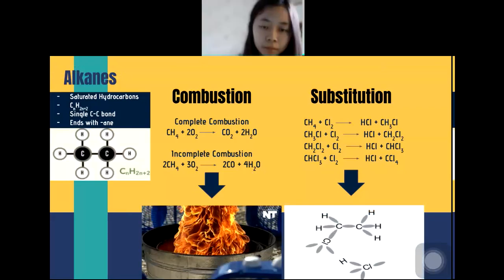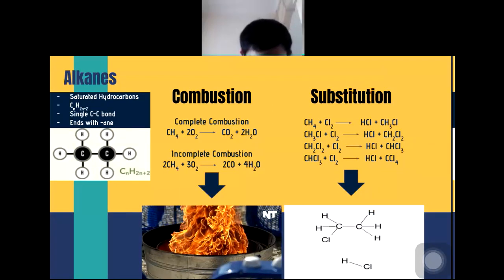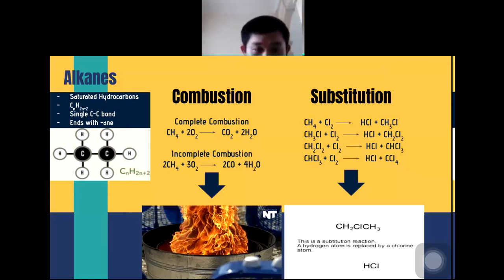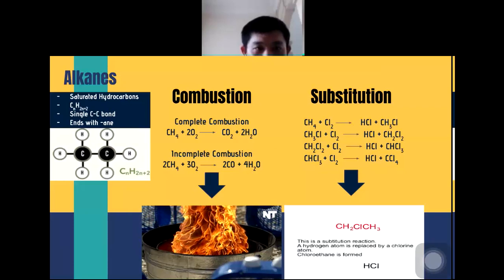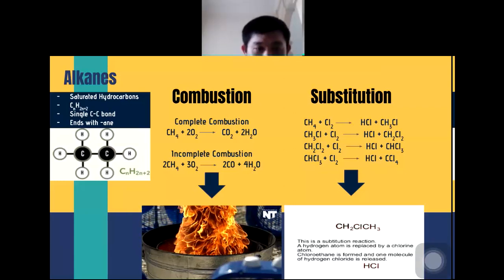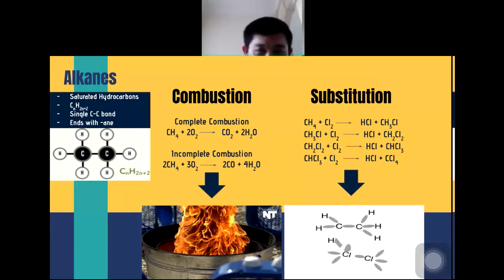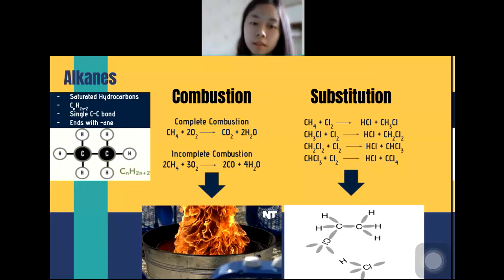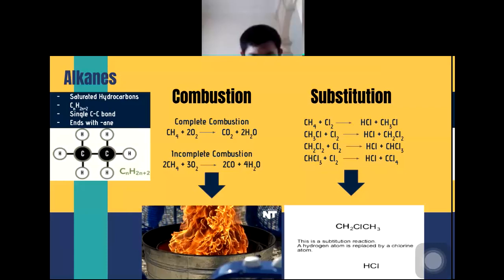What is the term when alkanes are converted into alkenes? The process is known as cracking or catalytic cracking. What is the catalyst? The catalyst would be aluminum oxide or zinc oxide or silicon dioxide. The conditions required will be 500 to 600 degrees Celsius. Yes, correct.